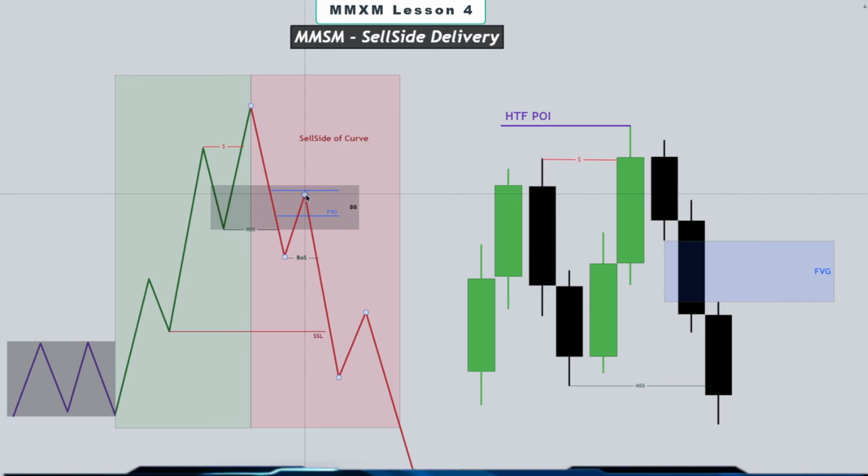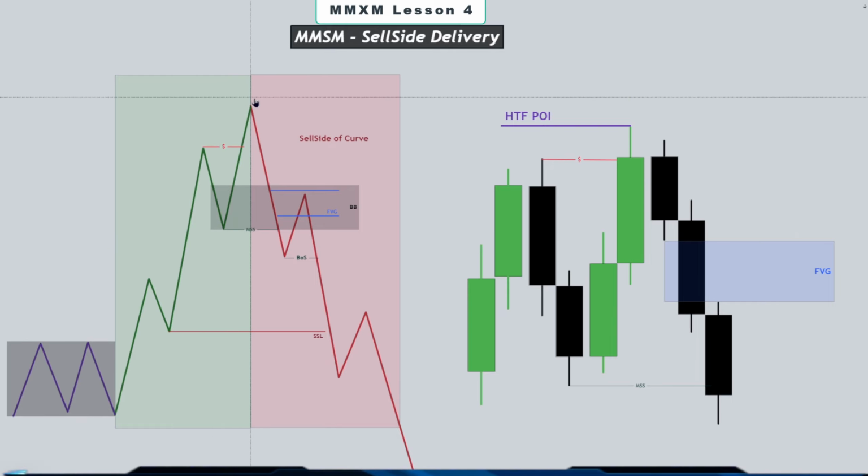So price will run and mitigate inside of that breaker, and we then have a second break of structure below that recent swing low, and price will continue lower for the sell side liquidity resting below the first stage of accumulation. Now this setup is also known as the unicorn model.